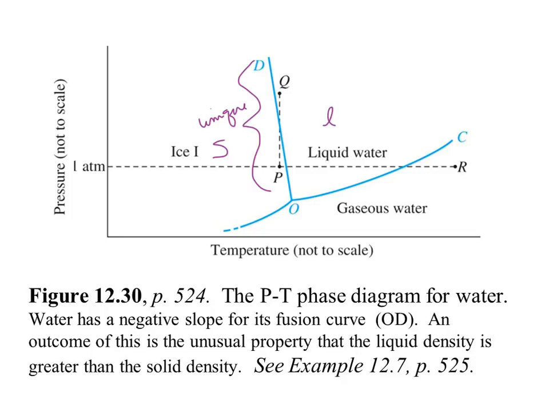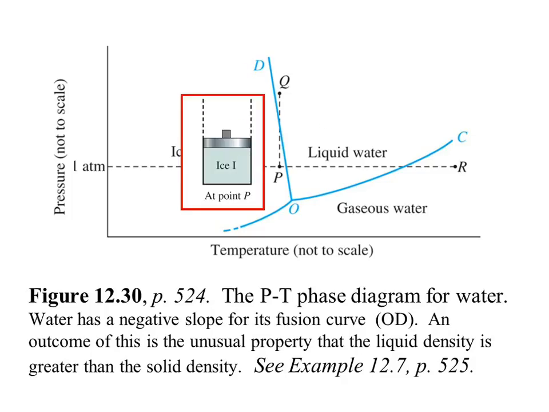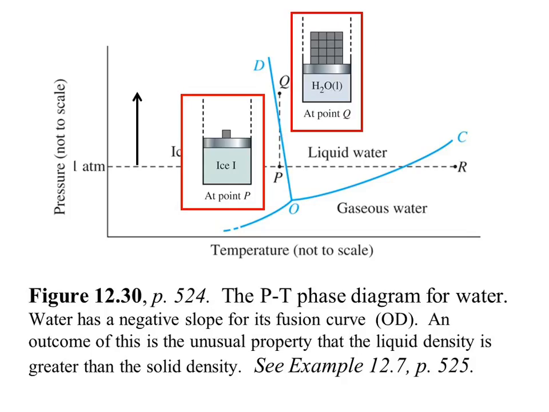So if we focus on segment P to Q, at P we let water be in its solid state. And remember how in this class, kind of think that it's like a plunger, that silver lid thing that can go up and down depending upon how many weights you put on it. So let's increase the pressure by putting some more weights on that little plunger thing.